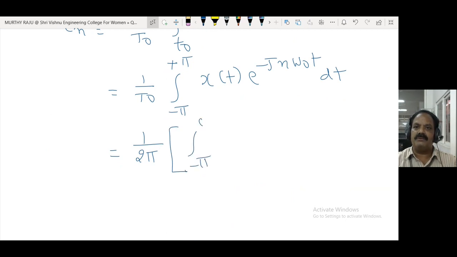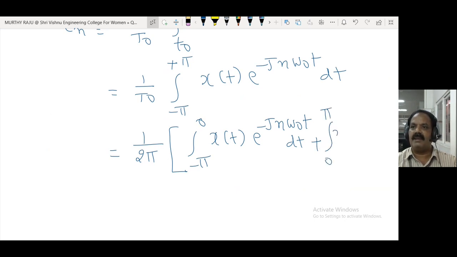1 by 2 pi times the integral from minus pi to 0 of x of t e power minus j n omega naught t dt plus the integral from 0 to pi of x of t e power minus j n omega naught t dt.